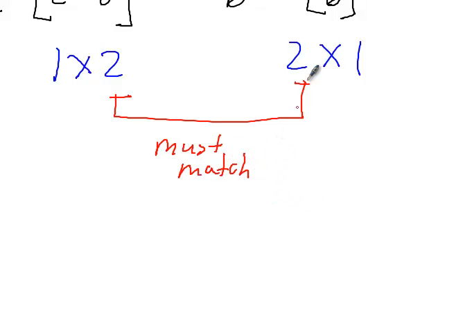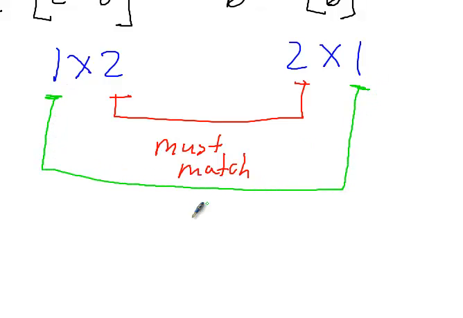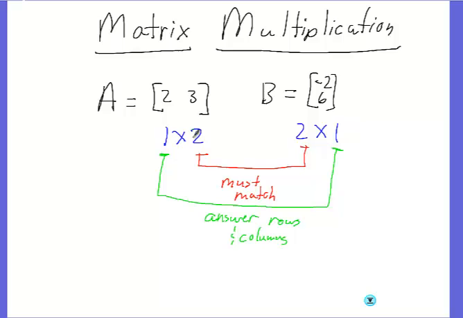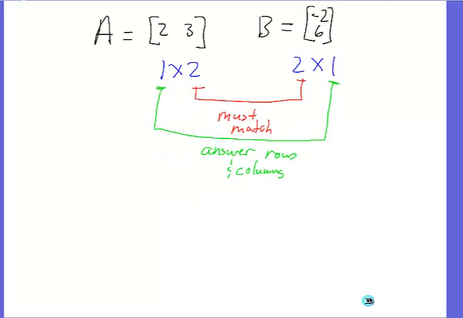So right off the bat, we know we can multiply A and B since the columns of the first match the rows of the second. And we know that our answer is going to be a 1 by 1 matrix, because the rows of the first matrix and the columns of the second matrix are the dimensions of your new matrix. Now, that's a little confusing, but I'll explain.